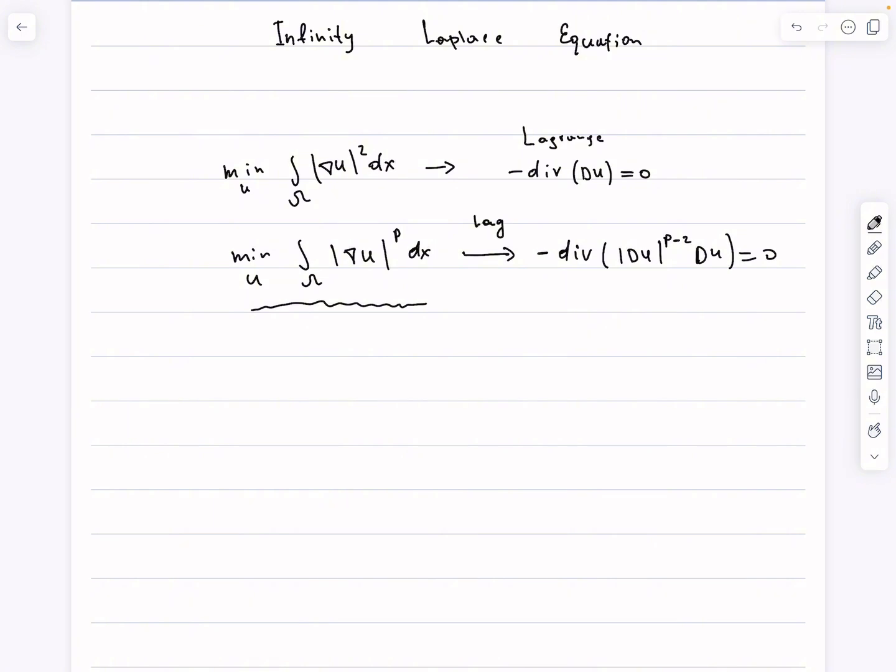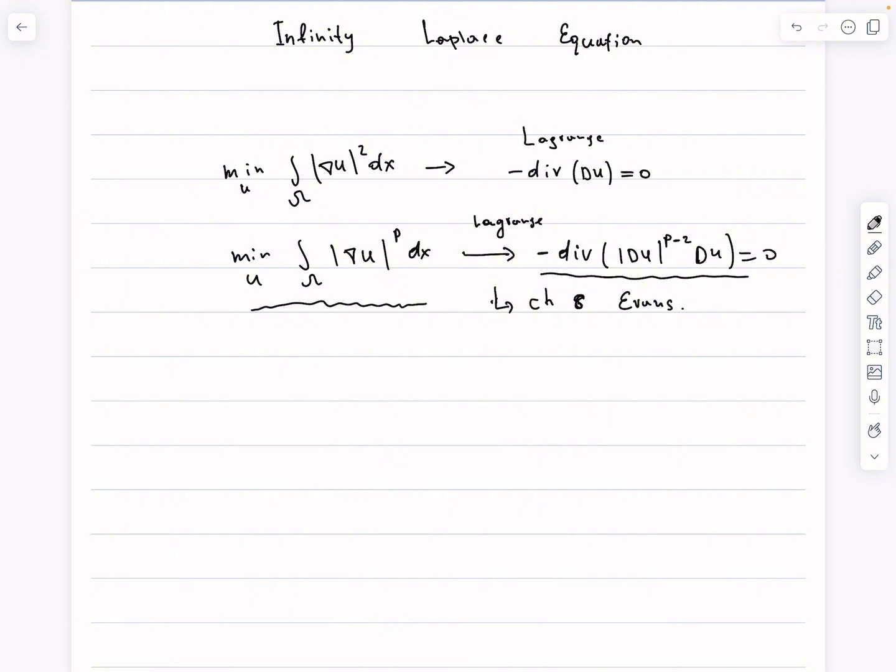How we come using Lagrange equation, you can learn in chapter 6 or chapter 8 of Evans' book. So we will not discuss how from minimization integrals it goes to a PDE. Okay, it's another topic in PDE.